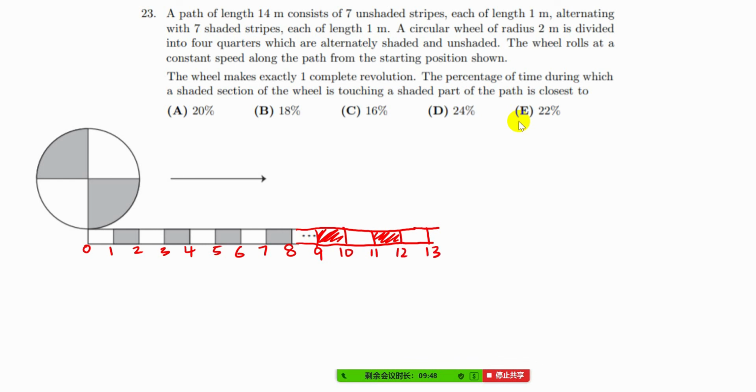Okay, so now we can figure out the circumference of the wheel in order to know how much it spins. So the circumference would equal pi times d, the diameter. So 2 times 2 times pi, and this equals 4 pi meters. And then we can label the wheel according to the circumference. So over here, this would be pi meters, this would be 2 pi meters, 3 pi meters, and 4 pi meters, which is also 0 meters.